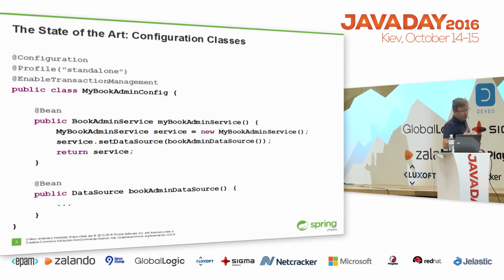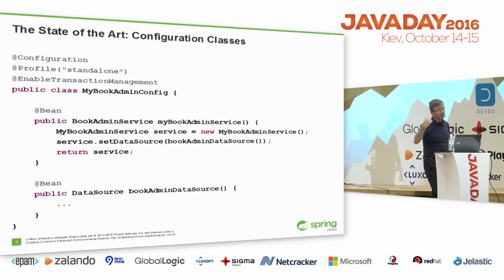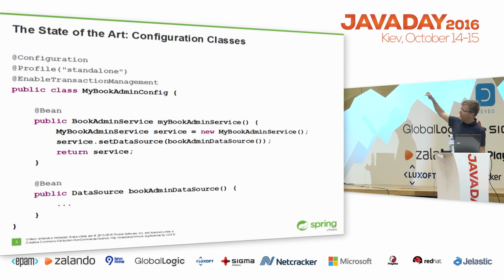This is part of the special runtime behavior here, because the container is going to intercept that call at runtime and interpret it as a kind of symbolic reference. You're not actually calling this method. You're pointing to that other bean definition derived from that method. So you kind of go back to the container. The container is looking for an existing instance of bookAdminDataSource.